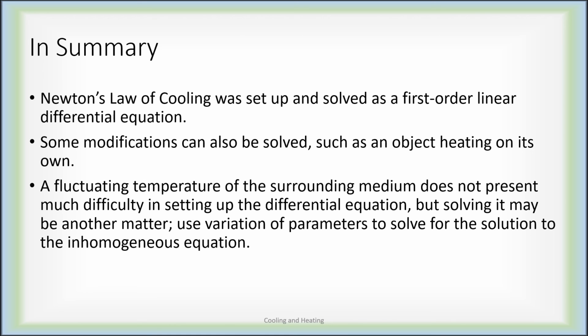If you want to account for a fluctuating temperature of the medium, as long as it doesn't actually depend on the object's temperature, but simply only on time, you end up with a forcing function in a linear first-order differential equation. Finding a solution to the complementary equation is pretty easy, but depending on the forcing function you pick, variation of parameters will be needed to solve for a particular inhomogeneous solution, and that might be very difficult depending on what forcing function you pick.